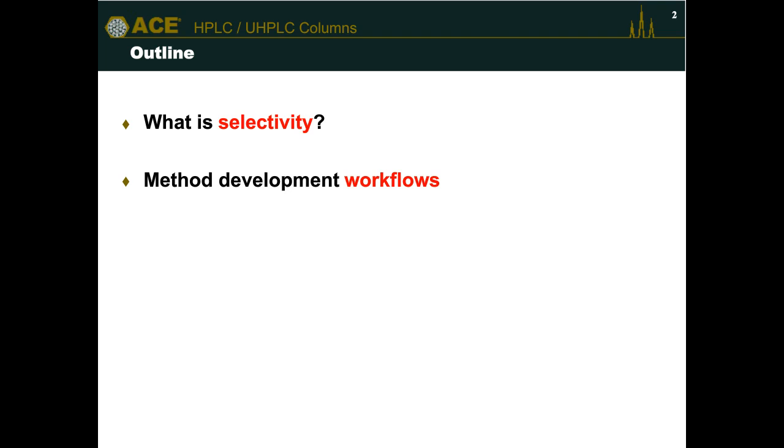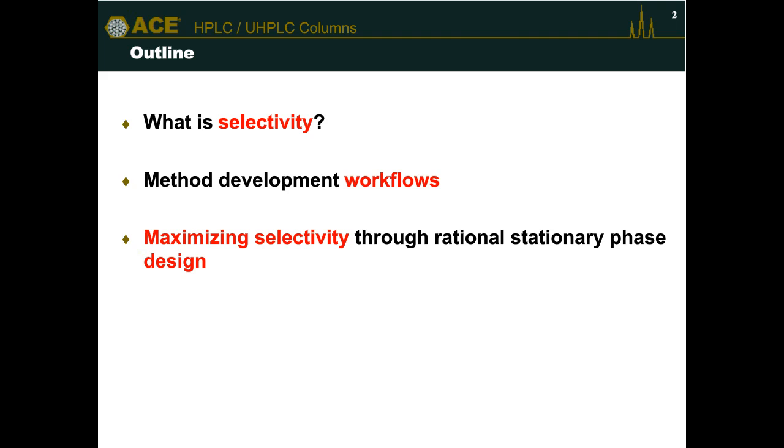I'll then move on to talk about how we design new types of stationary phases to maximize selectivity, how we can put together different types of chemistries and chemical groups to give us different mechanisms of interaction. And this really is where we can use the power of the stationary phase chemistry to help us in our method development.